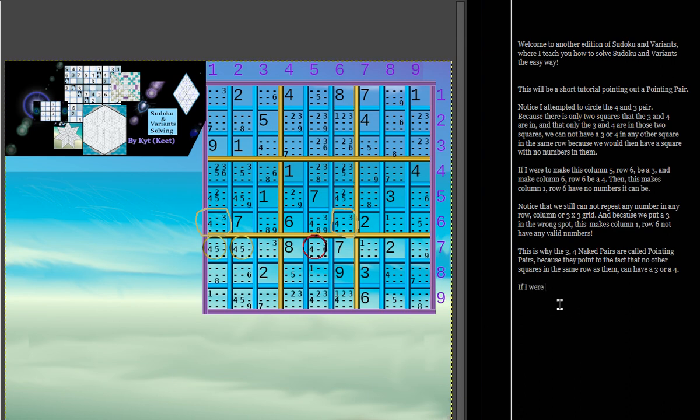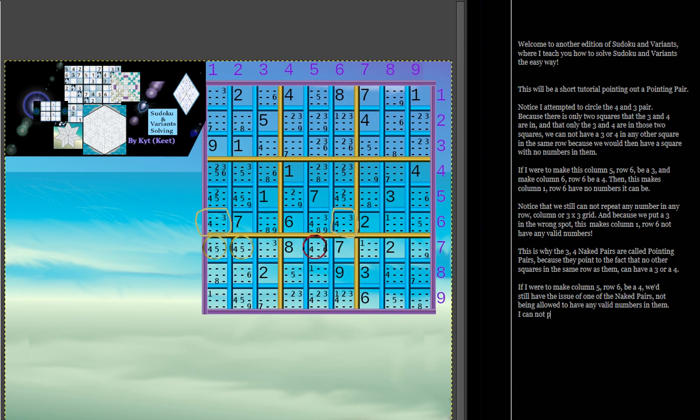Now, if I were to make column 5, row 6 be a 4, we'd still have the issue of one of the naked pairs not being allowed to have any valid numbers in them.